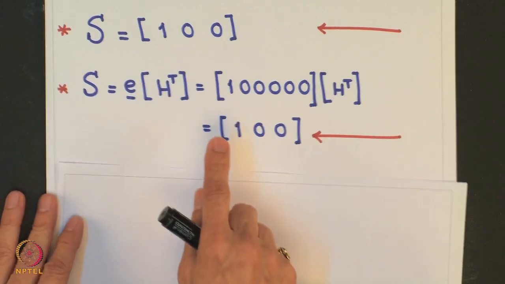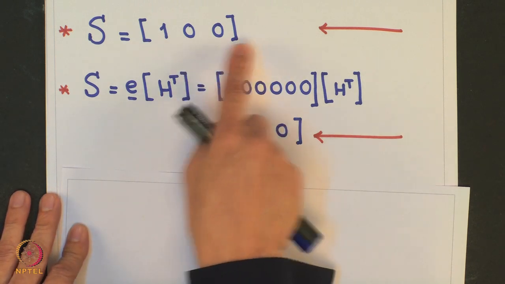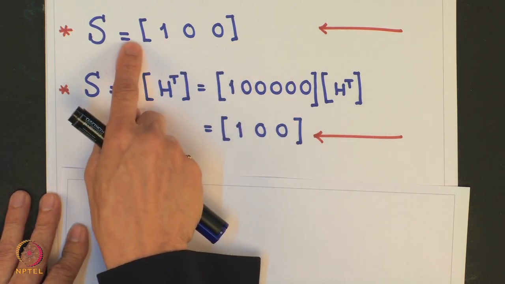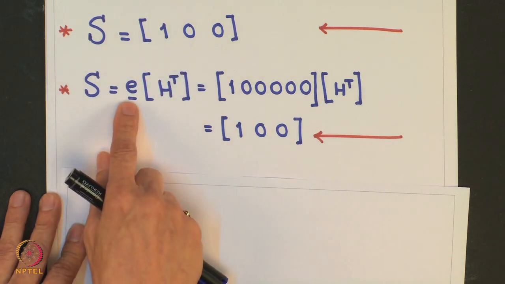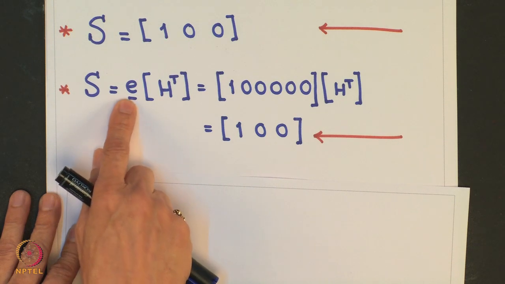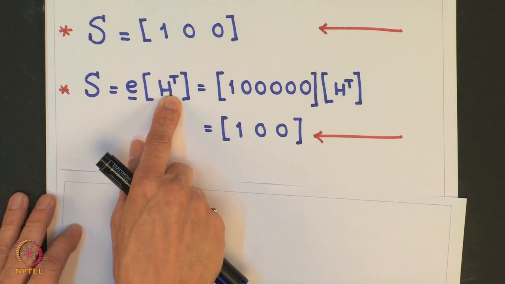So what this says, what we had said earlier, is that the syndrome obtained by multiplying the received vector with H transpose is the same as the syndrome which we will get on multiplying the error pattern with the H transpose. Okay. Fine.